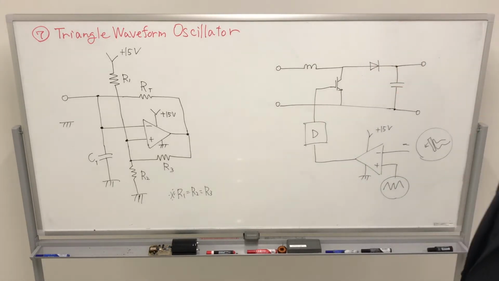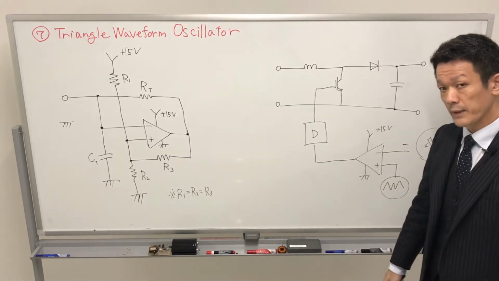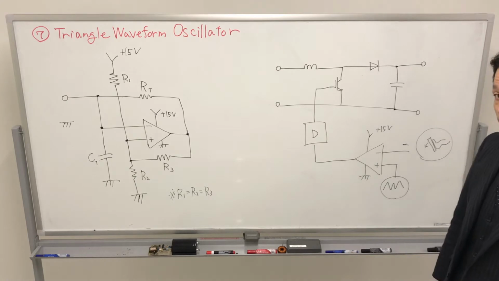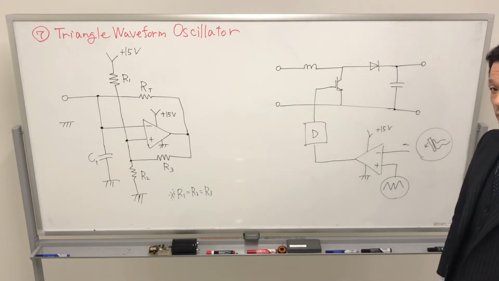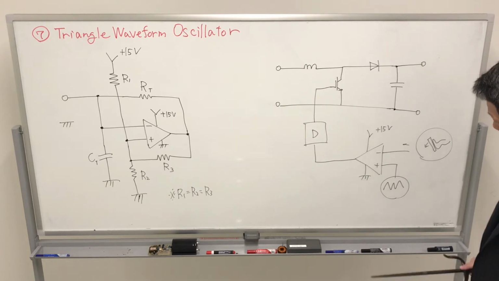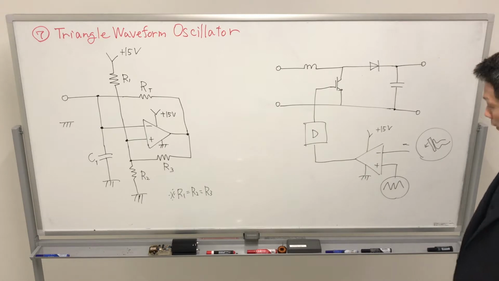In this total system of the boost chopper, what is a triangle waveform oscillator? That one is here. This is a triangle waveform oscillator.